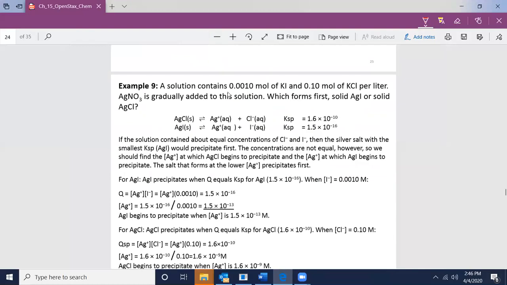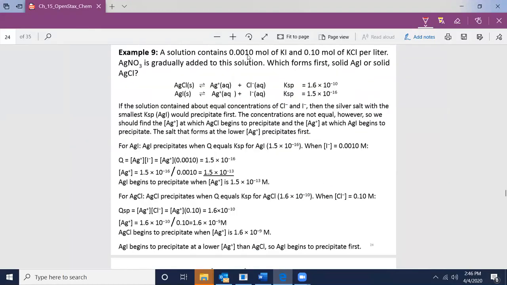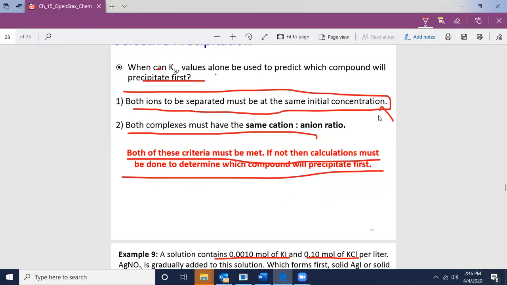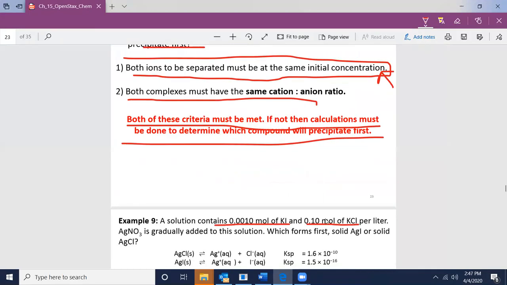A solution contains 0.0010 mole of KI and 0.10 mole of KCl. What condition is not being met here? The ratio remains the same, because both of these compounds are 1:1 ratio.